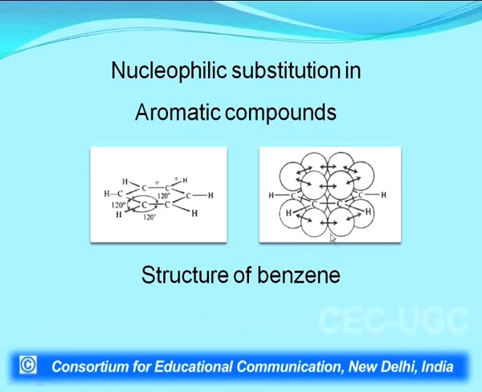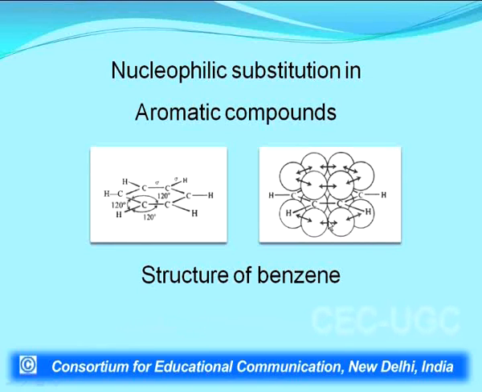So, whenever any reagent which itself has an excess of electrons approaches this ring, it will be repelled. That is why these aromatic compounds generally do not undergo nucleophilic substitution reactions easily. They rather undergo electrophilic substitution reactions, because electrons are available and any reagent which seeks electrons can easily approach and react.